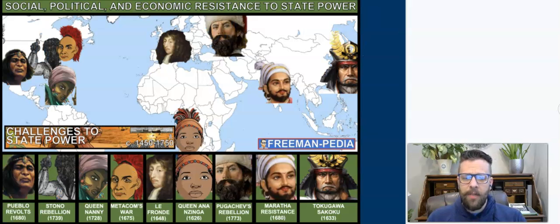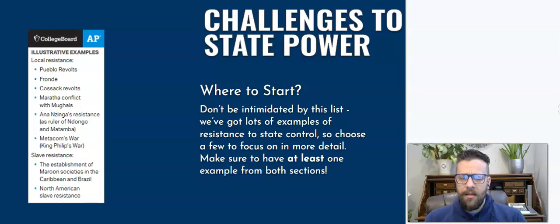There's lots of different examples and topics that we can go into here in terms of social, political, and economic resistance to state power. So these are some of the examples of challenges to state authority and imperial expansion during this time period.